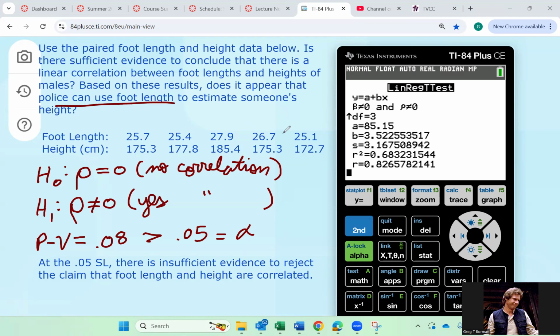appear that police can use foot length to estimate someone's height? Well, first of all, no, because we said there's no correlation.